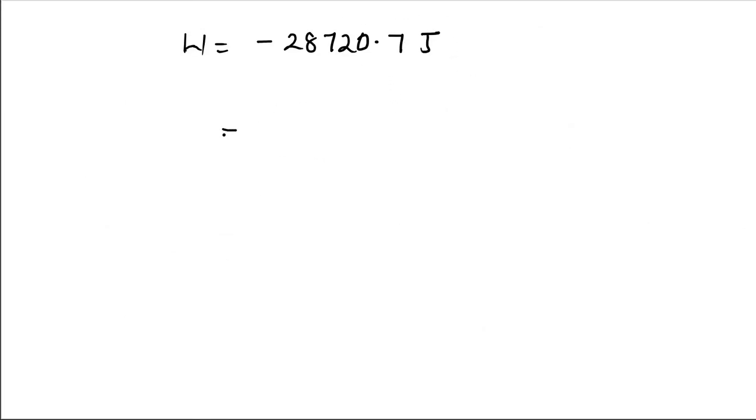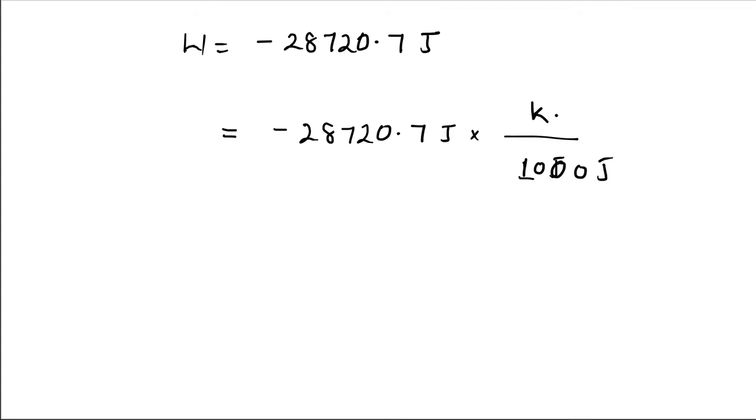Therefore, we must convert that into kilojoules. How? We have 28,720.7 joules, and we know 1000 joules equal 1 kilojoule. So that gives us 28.7207 kilojoules, with a minus sign.